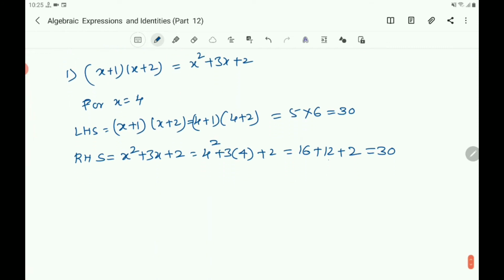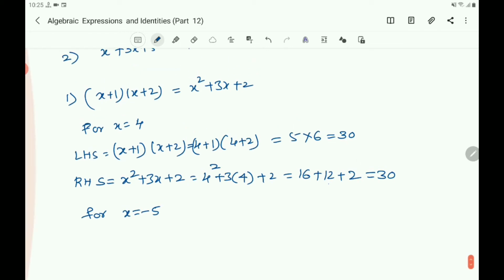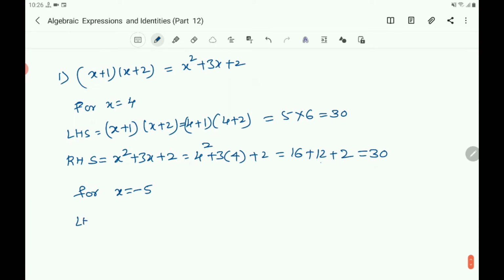Now you take some other value. For x equals minus 5, you take the LHS, (x plus 1) into (x plus 2). So put the value of x, that is minus 5: (minus 5 plus 1) into (minus 5 plus 2).